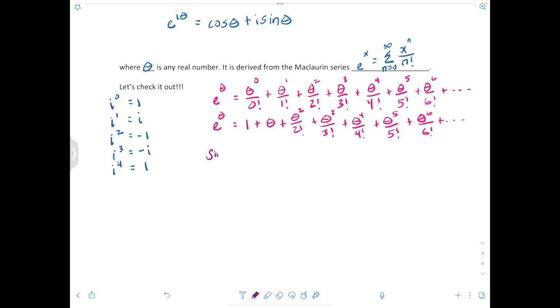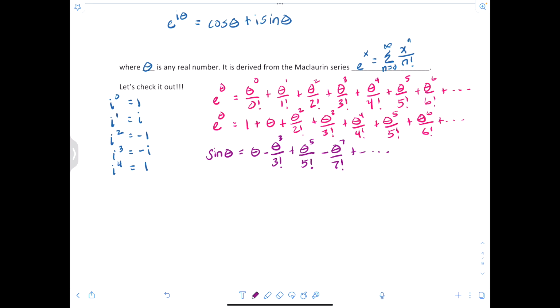All right, now let's check out sine theta, that series, okay? The Maclaurin series for sine theta is equal to theta minus theta cubed over 3 factorial, and you can look these up, plus theta to the 5th over 5 factorial, minus theta to the 7th over 7 factorial, so it's an alternating series, plus minus ... So notice it only has the odd powers, right?